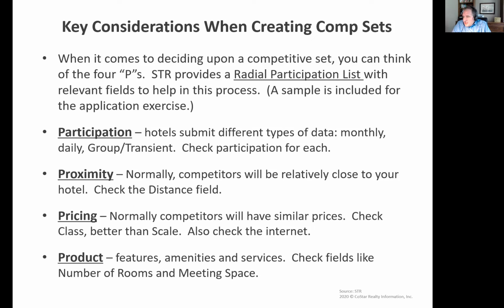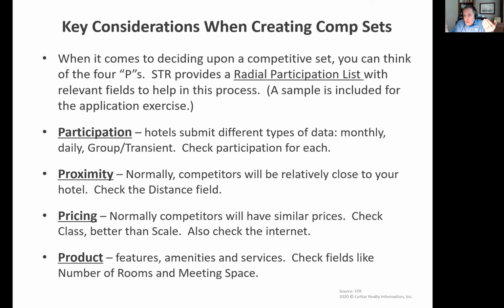Next question, pricing. Normally, competitors will have similar prices. If I'm a Four Seasons and there's an economy hotel across the street, not even thinking about that for my comp set. So we're going to have hotels at similar price levels. And now think of it.